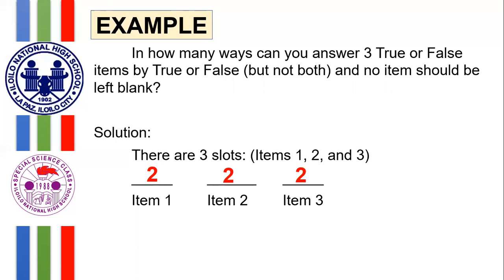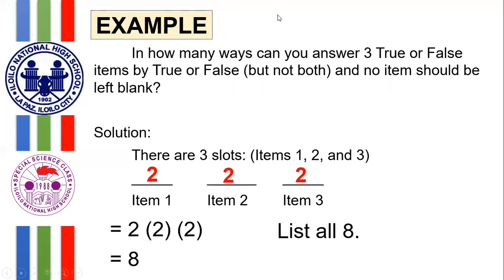And with this, by the fundamental counting principle, you could say that there are 2 times 2 times 2, or 8 ways for you to answer all of these 3 items that are true or false, but you cannot answer them both by true, false, and no item should be left blank. Let's list all 8 of them for you to be convinced.